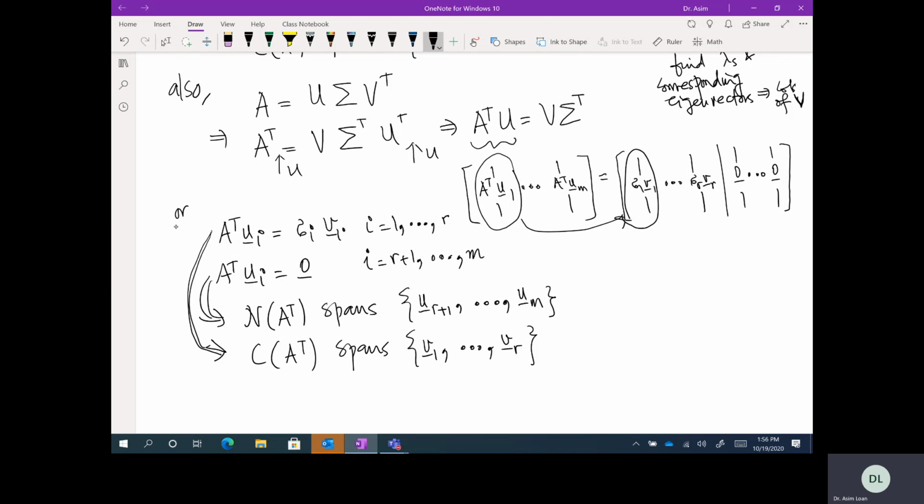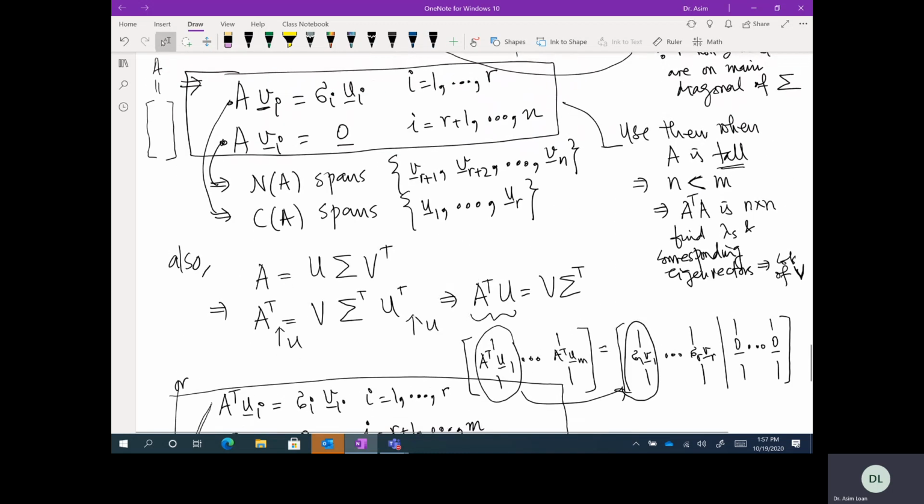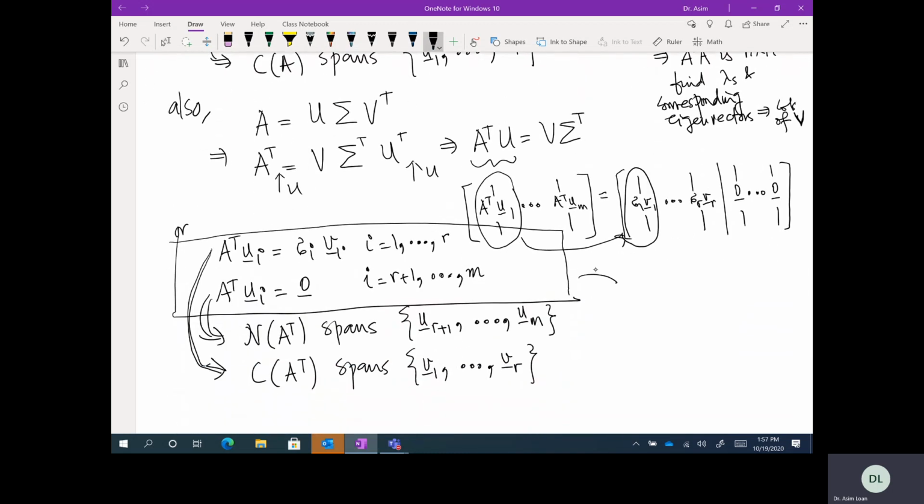And when do we use these equations? We use these when A is fat. A is fat meaning A is like this.